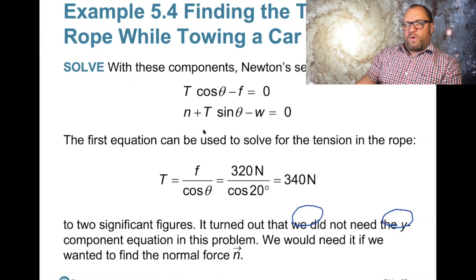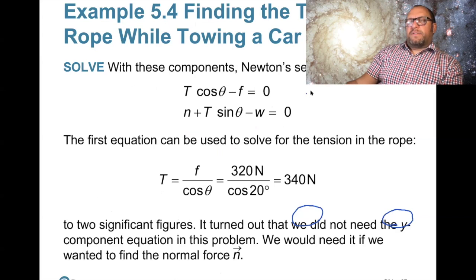All right, so here is our equation. With these components, Newton's second law becomes T cosine of theta minus F equals 0. This is in the x direction, and this is in our y direction.